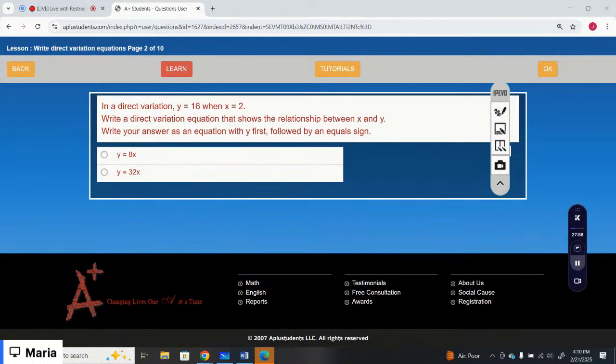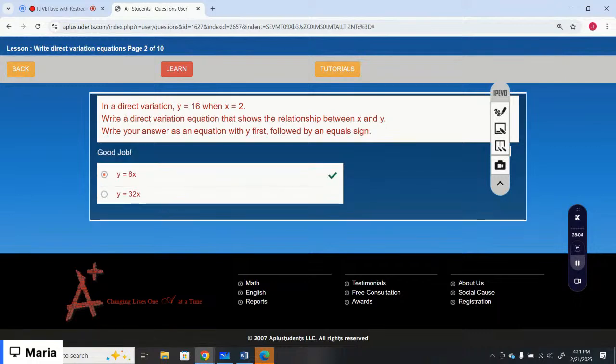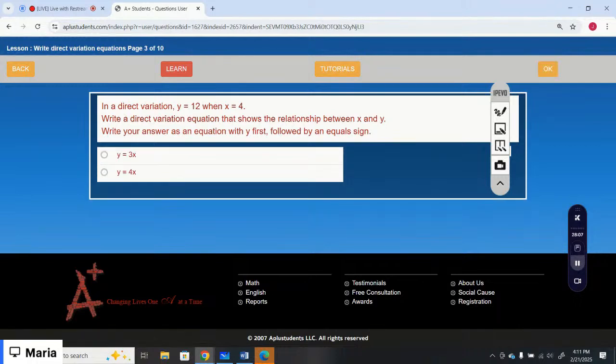Okay, let's just start with the next one. In a direct variation, y equals 12 and x equals 4. So you need to find the k first, right?